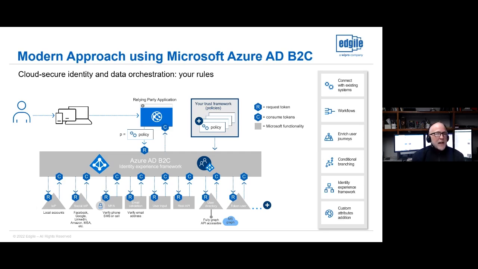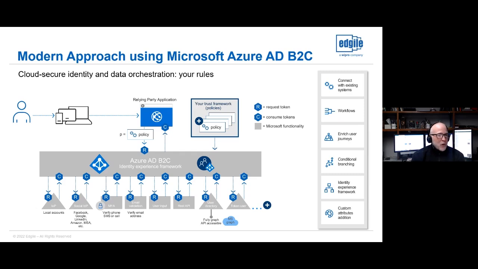We can define a number of steps in that policy user journey that do things like prompt that user for a username. And then we can execute logic on the username that's supplied to do things like look them up, decide should we prompt them for a password, or should I route that user over to Facebook, or route them over to the company's Azure AD corporate side and let the login happen via a federation trust.